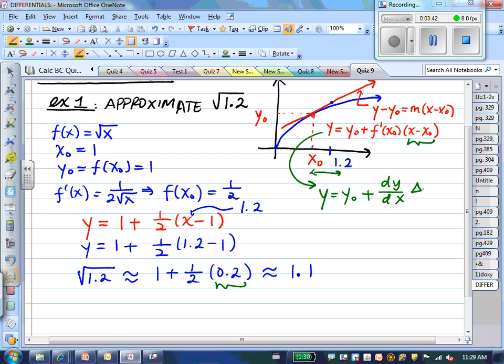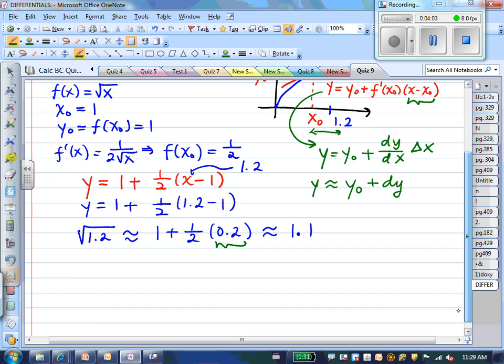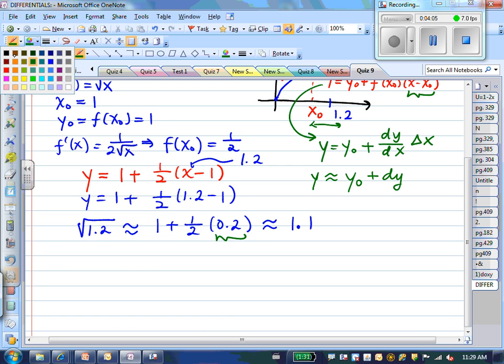So that's really like a delta x. That's how far we moved over. Okay, now delta x and dx are sort of the same, so you can actually kind of cancel them. So y is sort of like an initial y plus a change in y, or dy. So the idea behind differentials is I'm going to start at an initial y value and then just move up a certain amount. Okay. So let's do a second example very quickly.